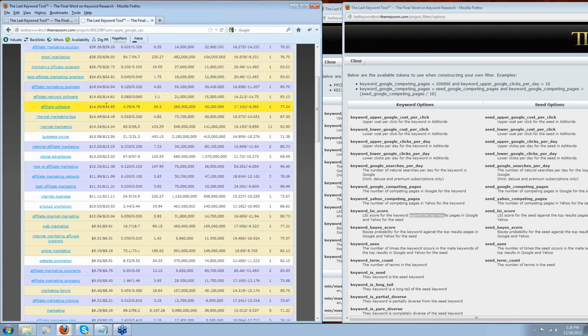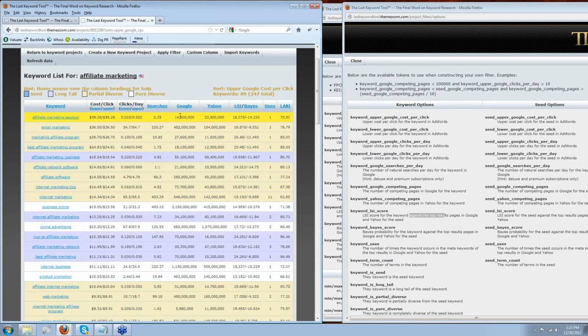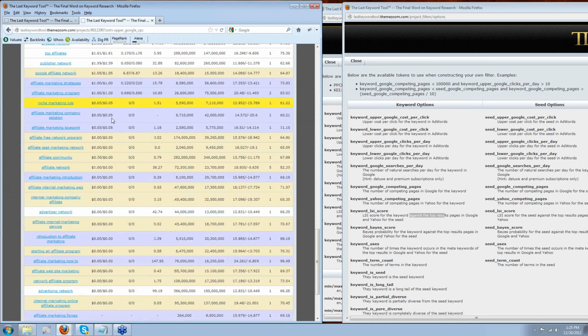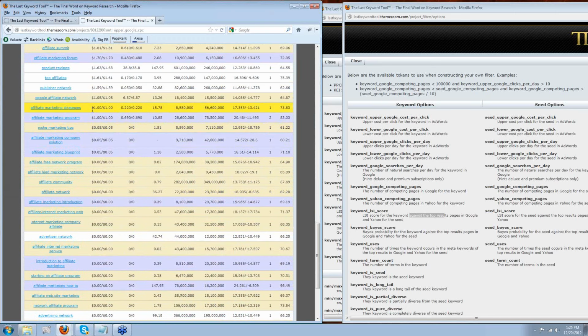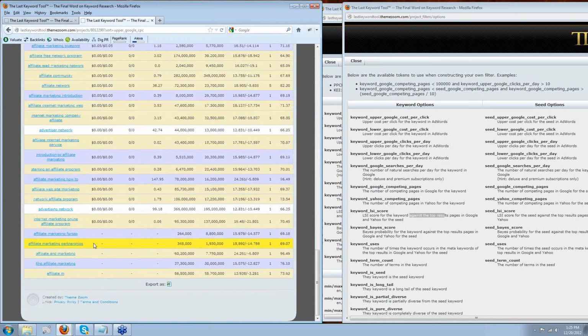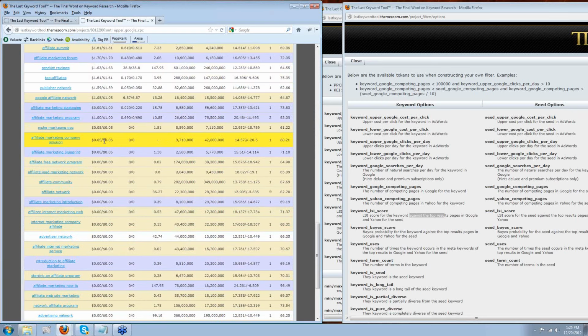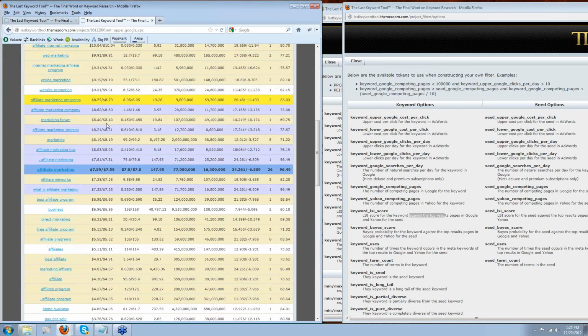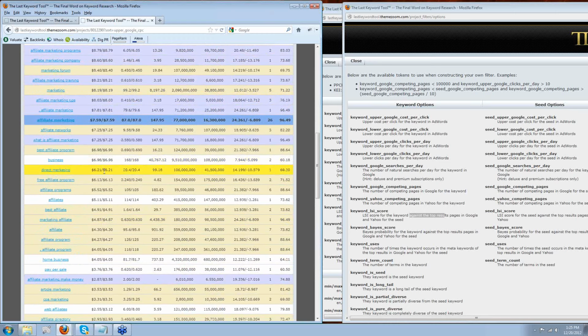Your upper cost per click is affiliate marketing solution, which doesn't really have any searches, but it's got a heck of a cost per click associated with it, and you come down here at the bottom, we've got these that are less than $1, right? So out of that, your medium runs around $5 or $6 a click.